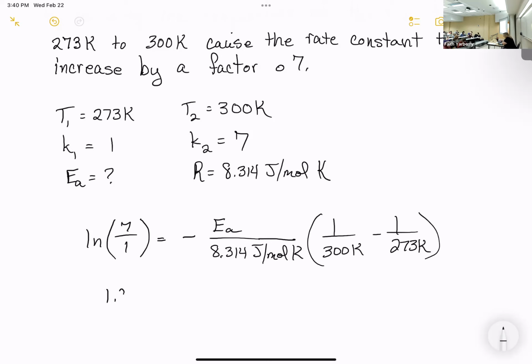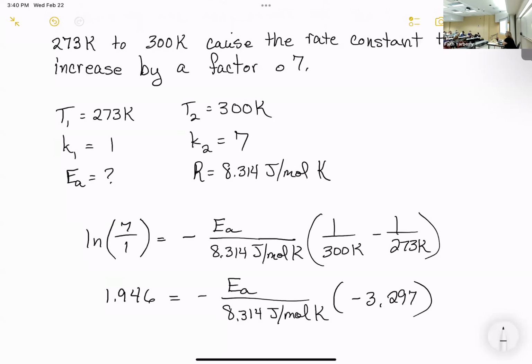So we get 1.946 is equal to a negative E sub A over 8.314 joules per mole Kelvin times negative 3.297 times 10 to the negative 4. In other words, all I did was start simplifying things.